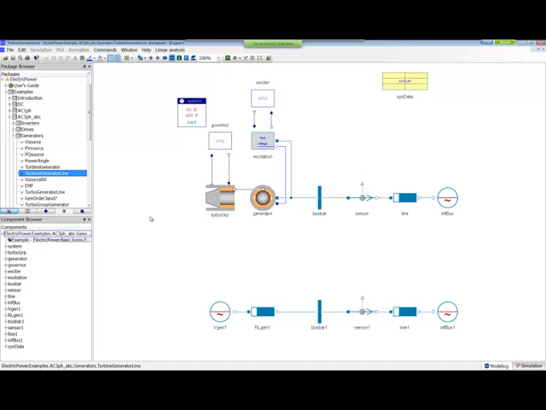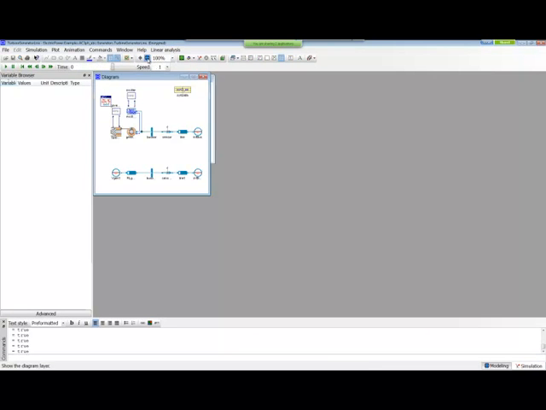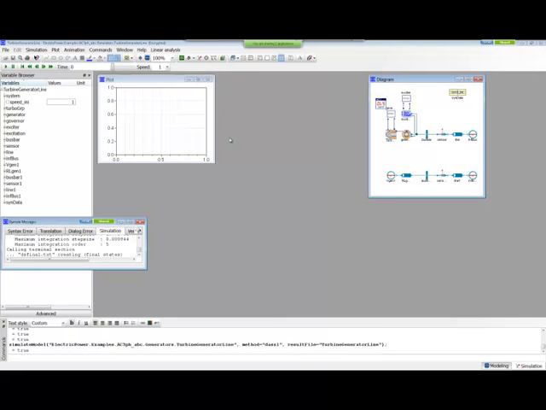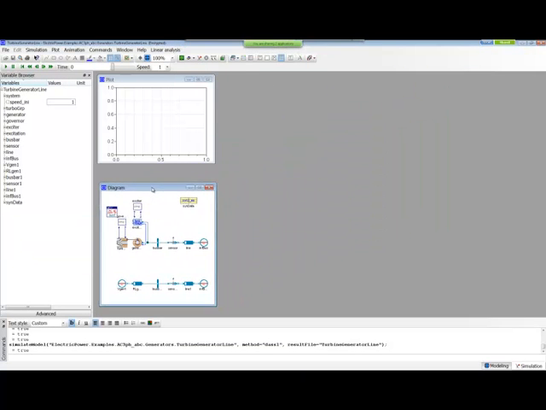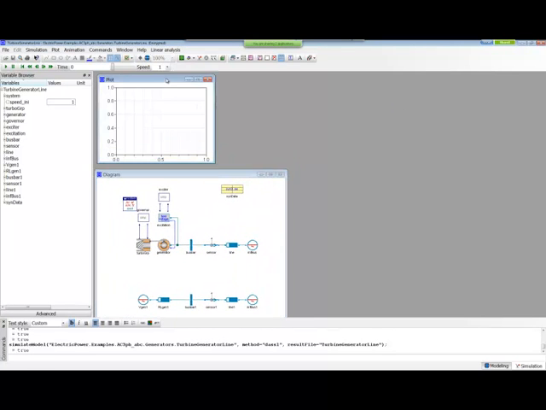Again, this is how it looks in Dymola. We could just run the example. I'm not going into details about this example.